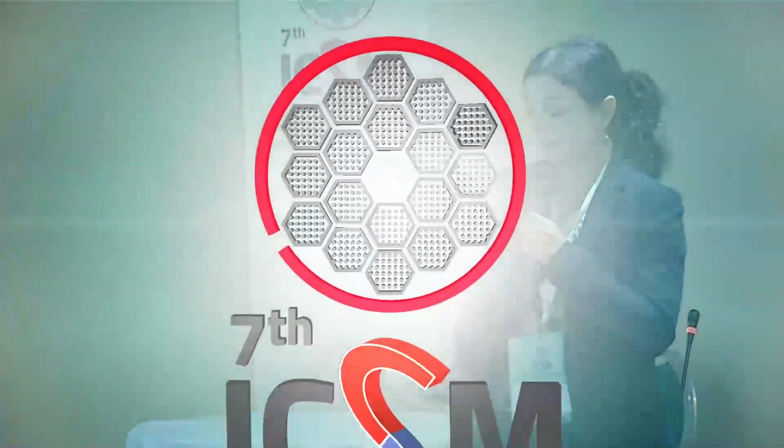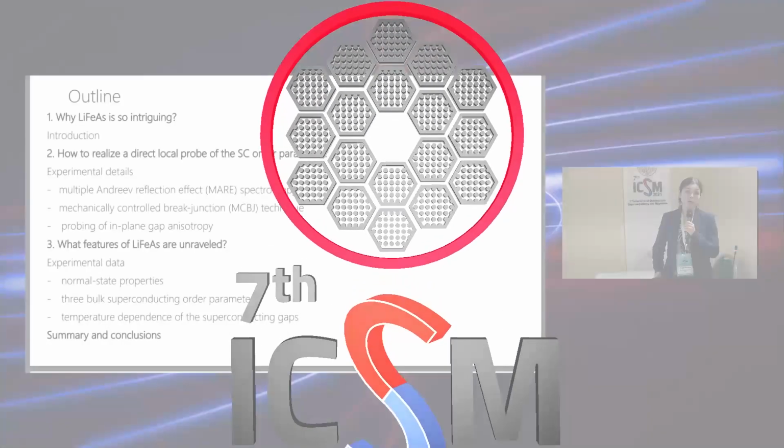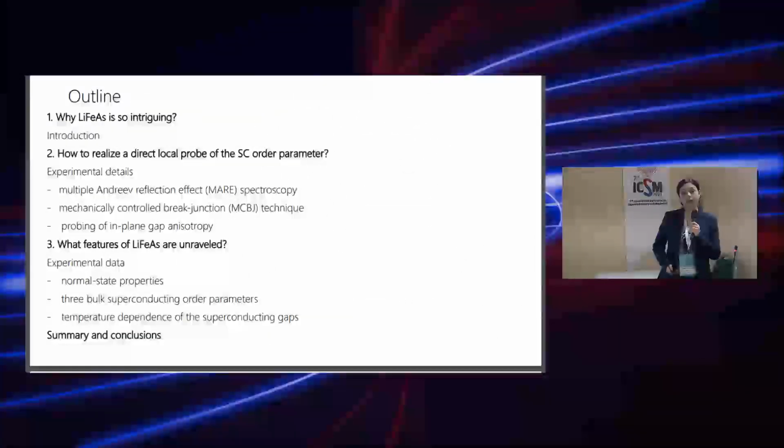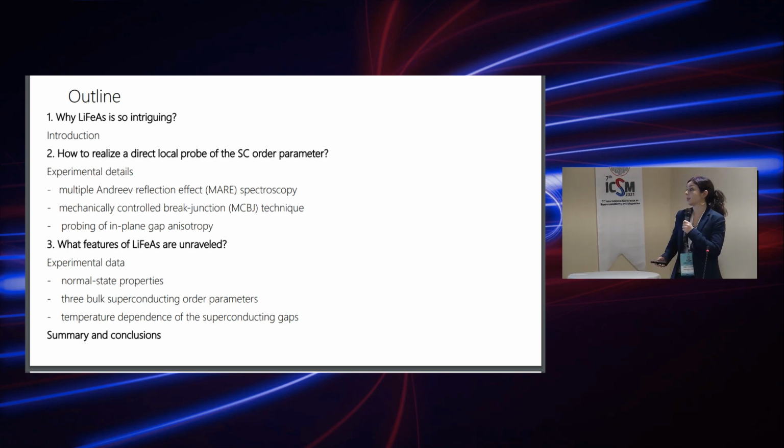But there are some exceptions. For example, the lithium iron arsenide system shows some troubles that experimentalists have to overcome, and there is a reason why its family is much less intensively studied than others.